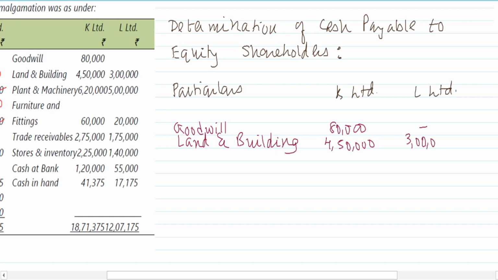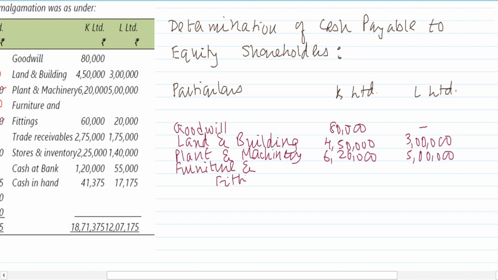So goodwill, land and building, plant and machinery, furniture and fittings, yes, be careful now, trade receivables.